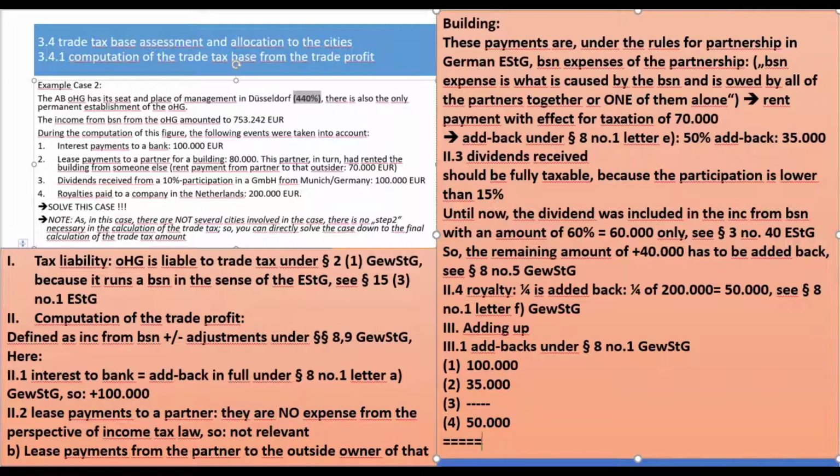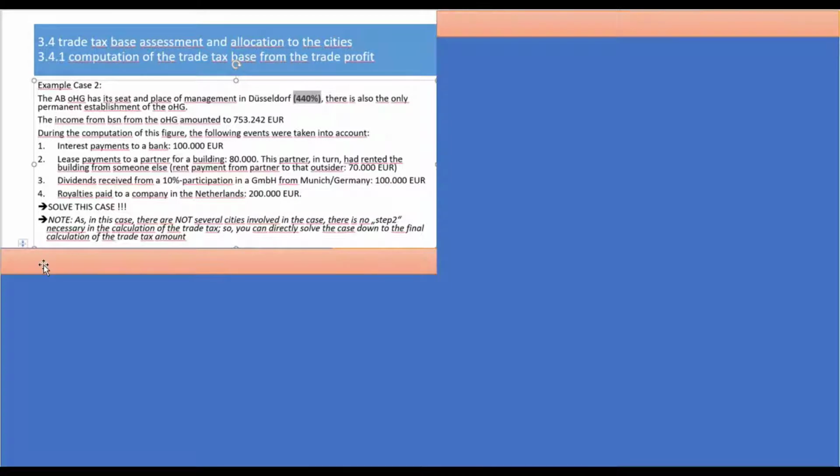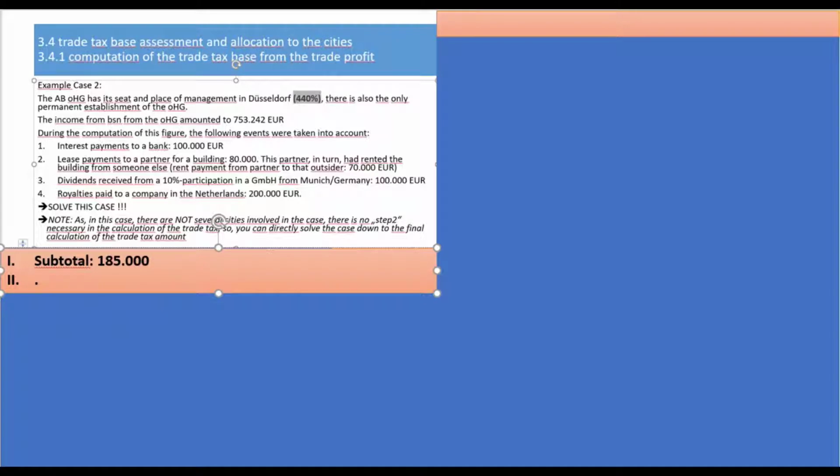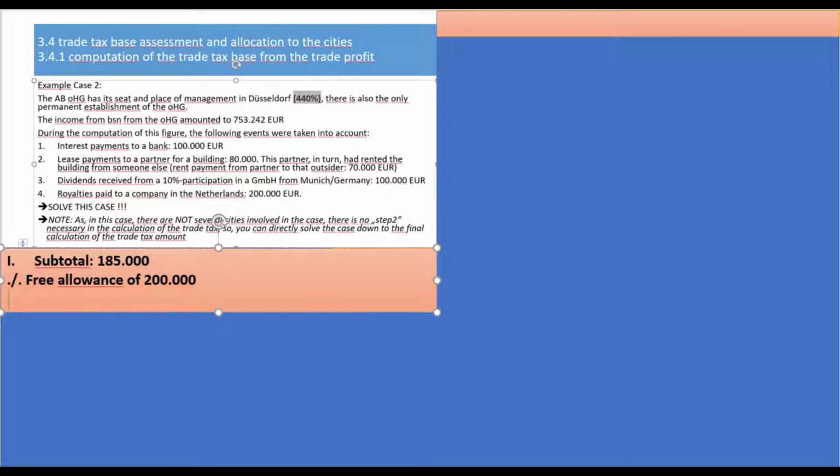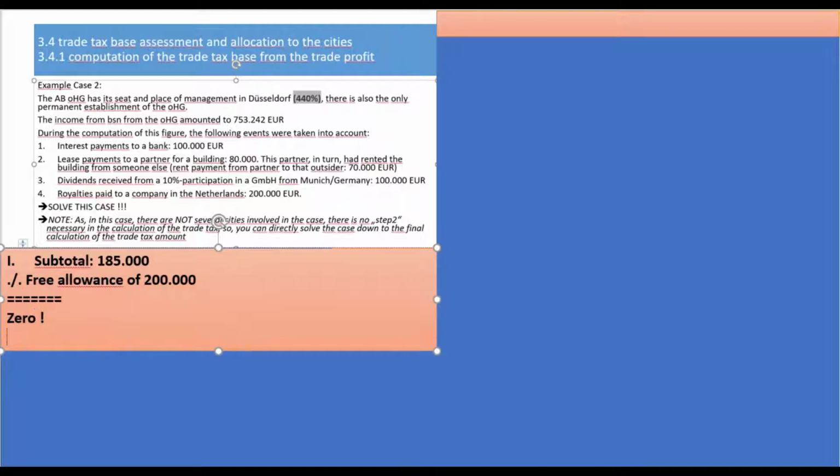So we have a total of 185,000. From that 185,000, we can deduct a free allowance of 200,000. So we arrive at a new subtotal of 0. Okay, surprising, but nice.